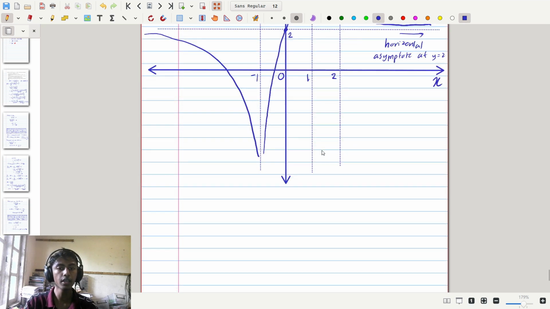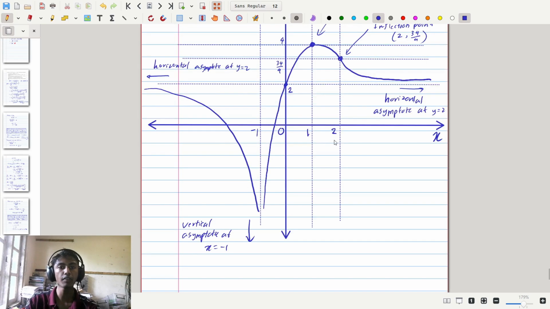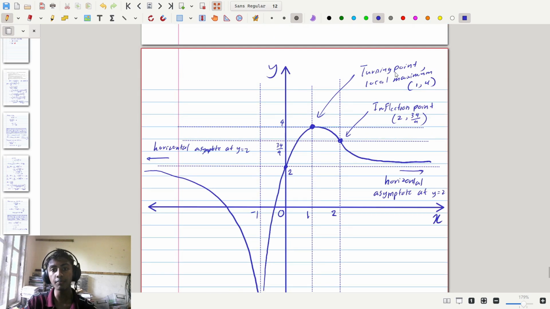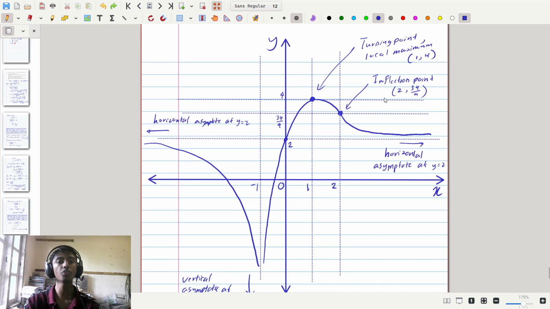And similarly, we need to mark on this side here vertical asymptote at x = -1. After marking all of them and marking the turning point, which is the local maximum, and the inflection point here, we are done with sketching this graph.